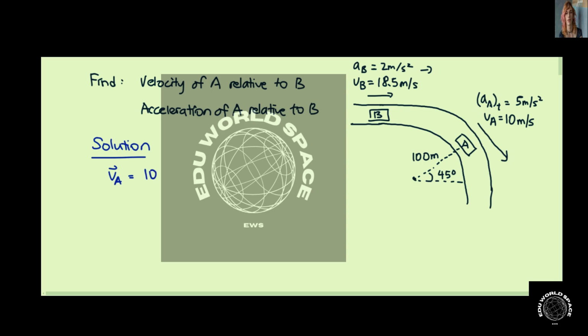The velocity of A is 10 times cosine 45 degrees I hat minus 10 sine 45 degrees J hat, which is 5 root 2 I hat minus 5 root 2 J hat, and then VB is equal to 18.5 I hat, in meters per second.